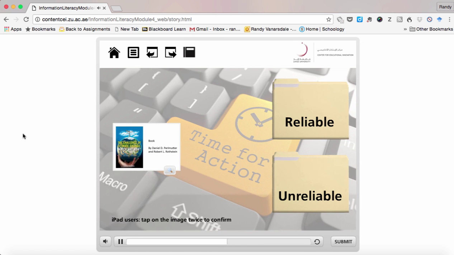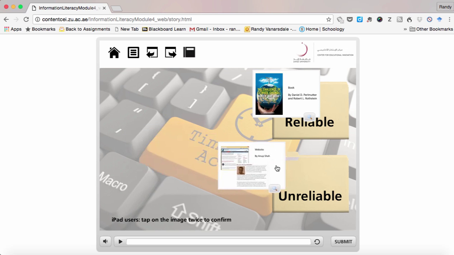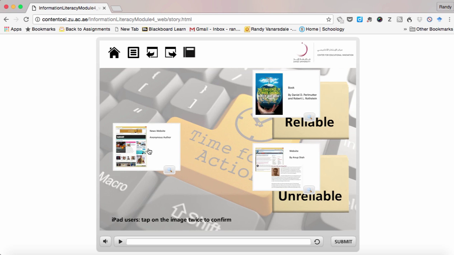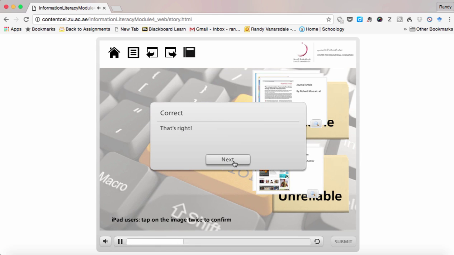Drag and drop the sources in the right folder. Excellent. Now click on the Next button to see what our friends are doing next.